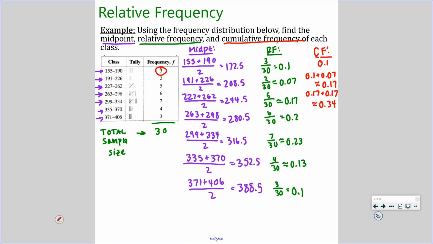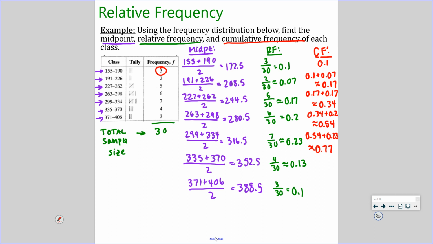All right, and then we just keep building off of that. There's that cumulative. 0.34 plus 0.2, 0.54. Next one, 0.54 plus 0.23 equals about 0.77.